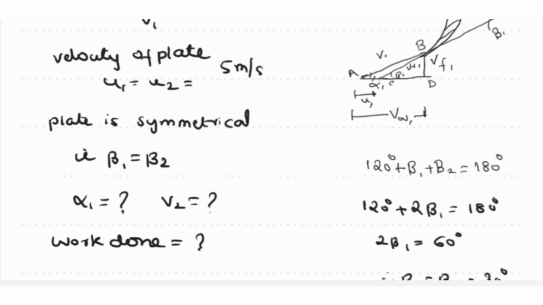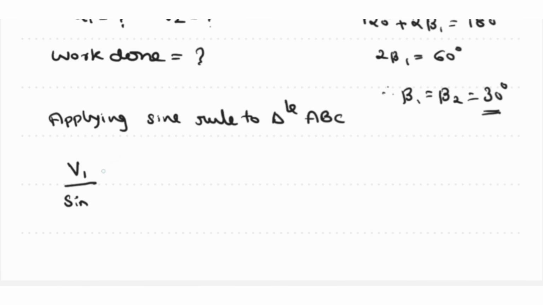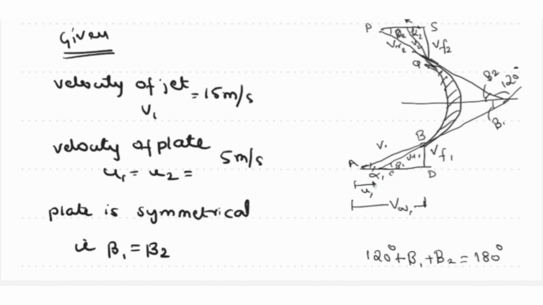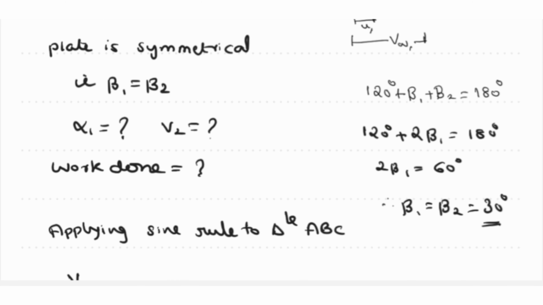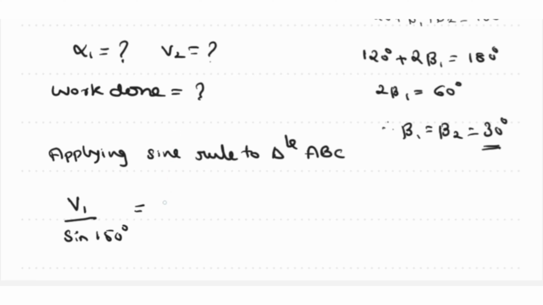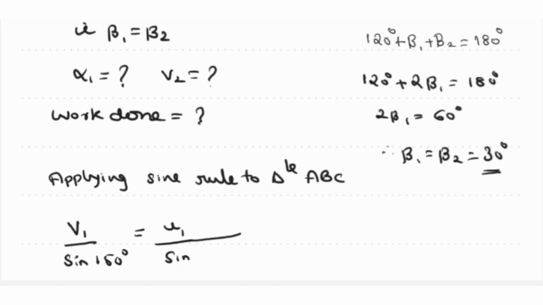So now this angle will be 180 minus 30. So angle ACB will be equal to 180 minus beta 1. Beta 1 is 30, so 180 minus 30 is 150. So that is equal to sine of 150 degrees, equal to, similarly we know U1 value. So U1 divided by sine of angle ABC.